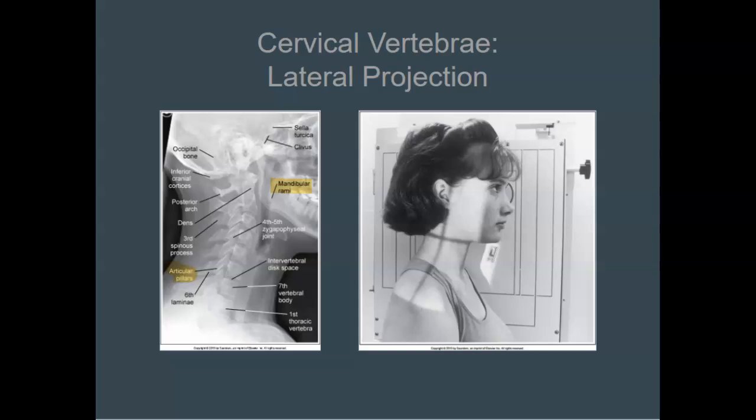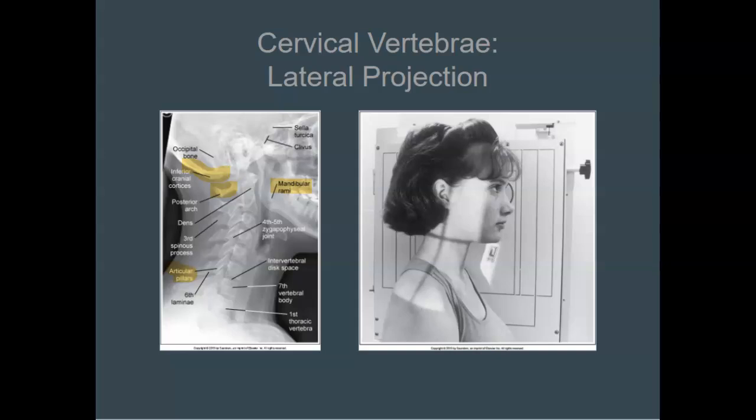There should be no superimposition posteriorly by the occiput over the cervical vertebra. The bodies of C1 and C2 should be seen without the mandible superimposing them.